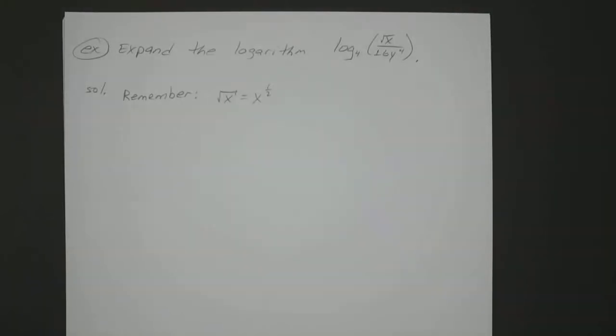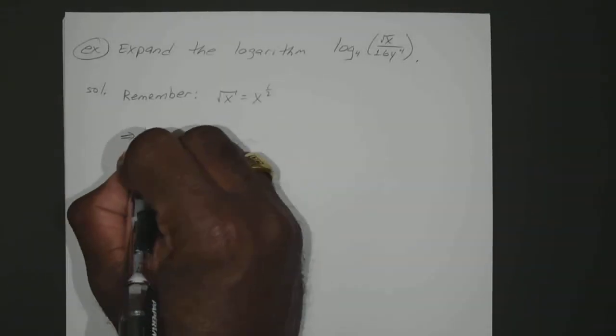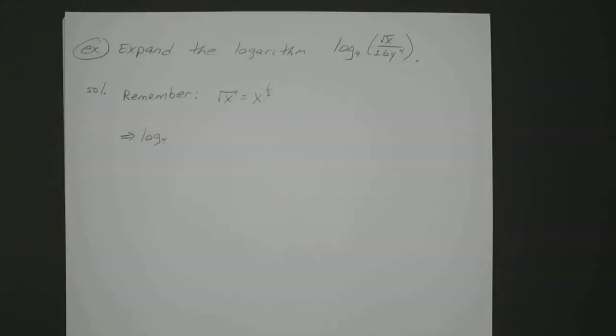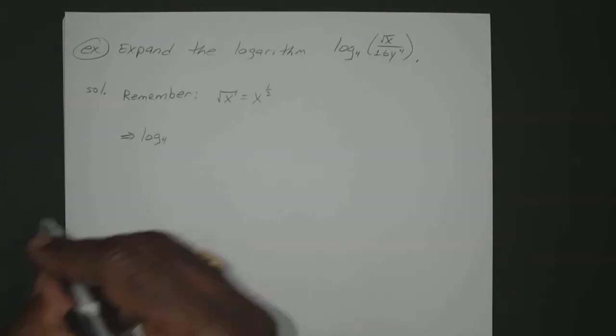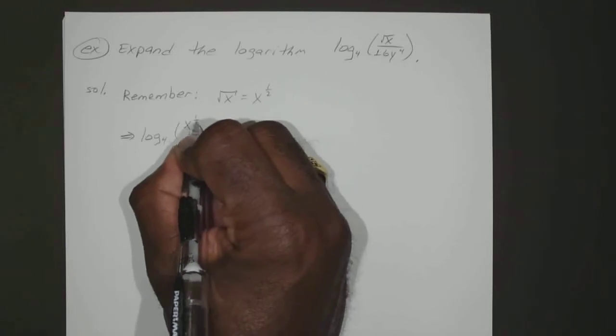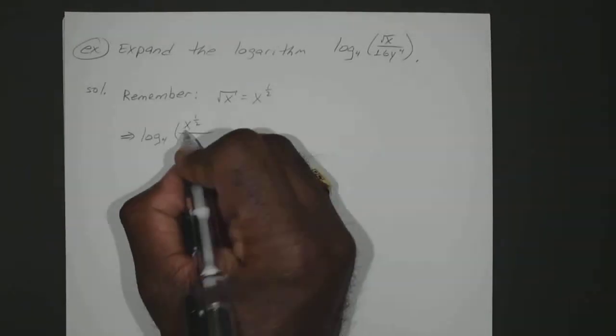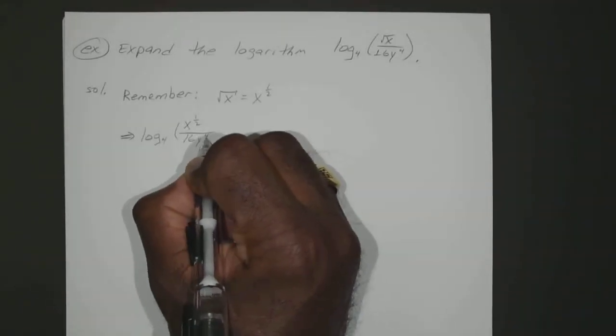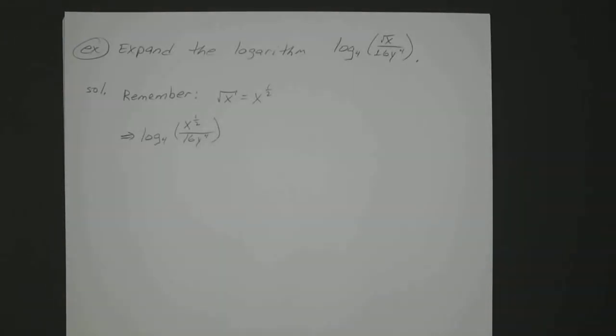Okay, so we can rewrite that. That gives us log of base 4 of x to the 1/2 power divided by 16y to the fourth. So we just got rid of our square root.